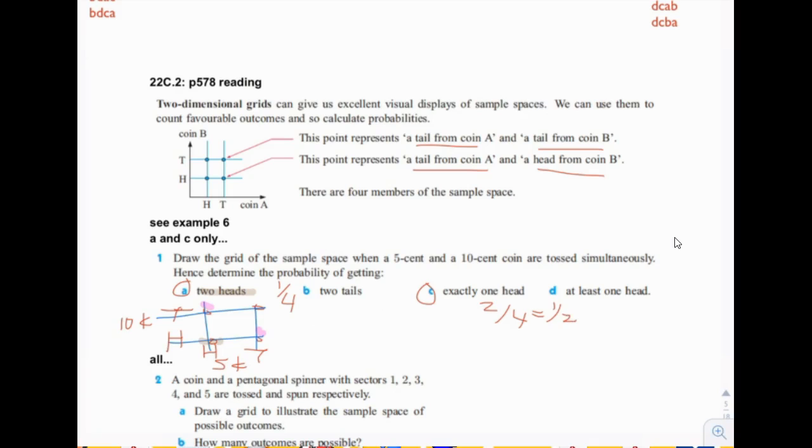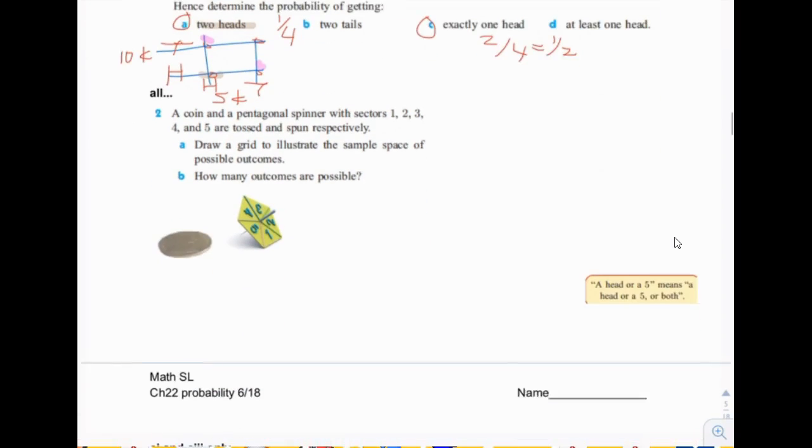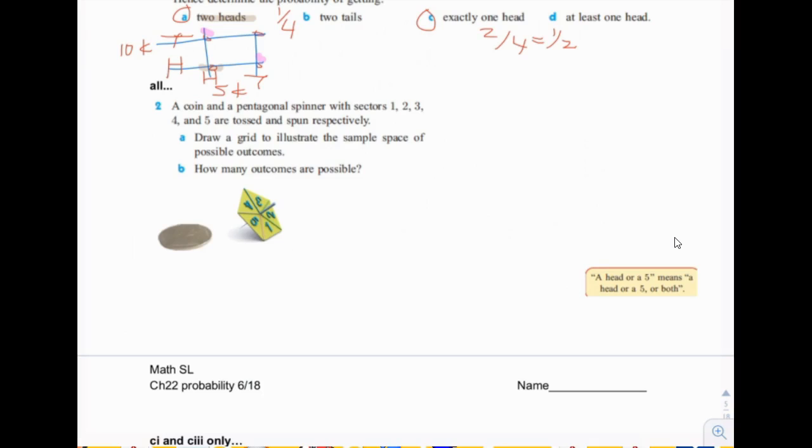Alright. Number 2. A coin and a pentagonal spinner with sectors 1, 2, 3, 4, 5 are tossed and spun respectively. Draw a grid to illustrate the sample space of possible outcomes. Okay, so we're going to draw a grid, and it's going to be 5 wide and 2 long, for example.